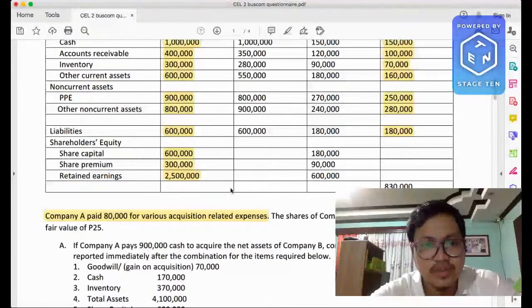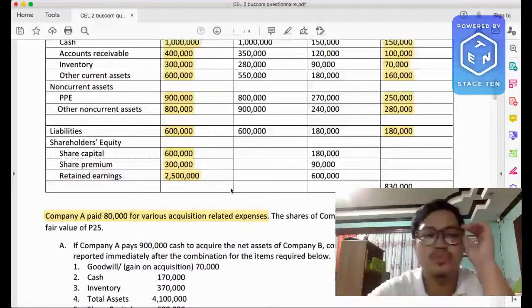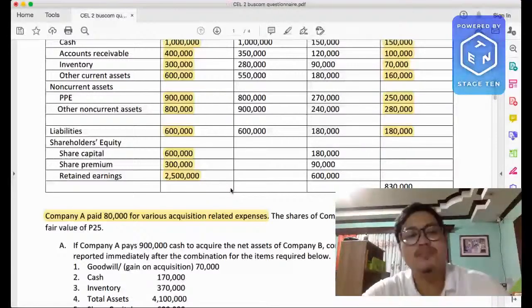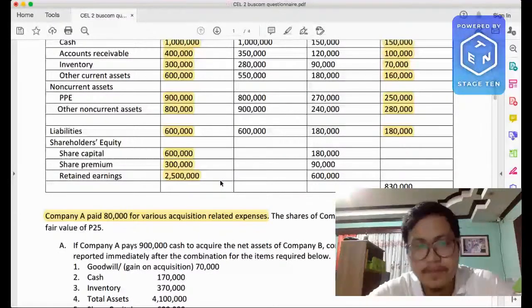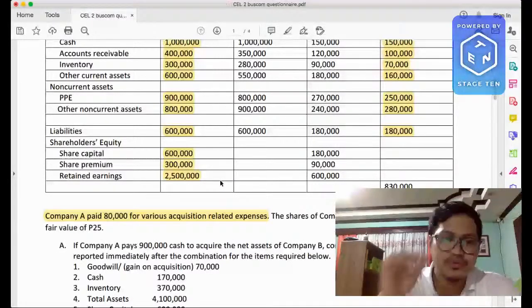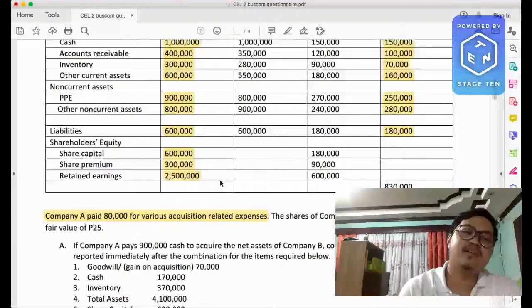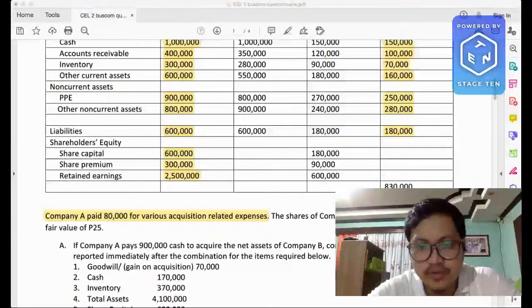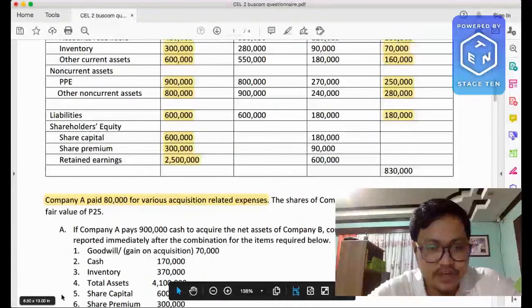Okay. While I will not show you the complete entry for the acquisition, class, it should make sense to you that since the consideration is in terms of shares, it would result in the corresponding increase in the equity accounts of the acquirer. So the challenge on our part now would be to determine how much is the resulting balances of the equity accounts of the acquirer. Okay, so let's try to compute for the share capital.